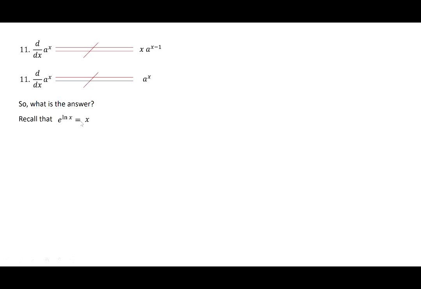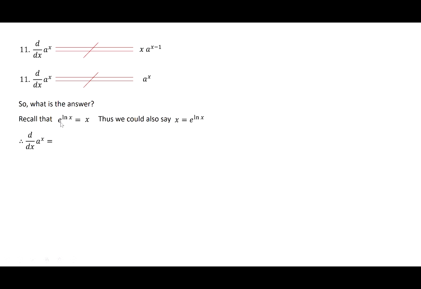Cool. Let's get serious. Sorry about the jokes, man. Recall that e to the natural log of x is x. So the thing is, in some instances, it actually helps to look at a simple x as e to the natural log of x. When we look at a to the x, let's not look at it as simple a to the x.